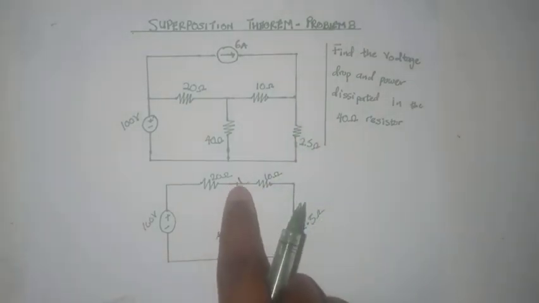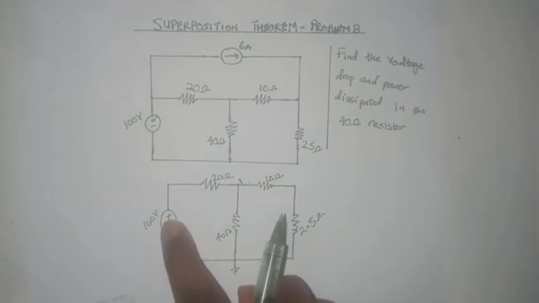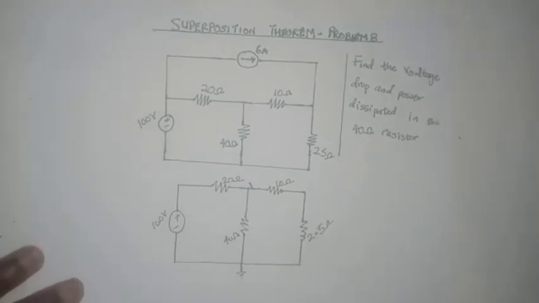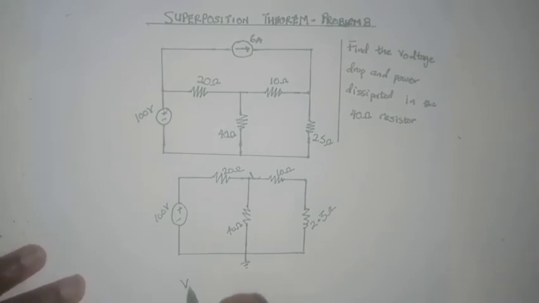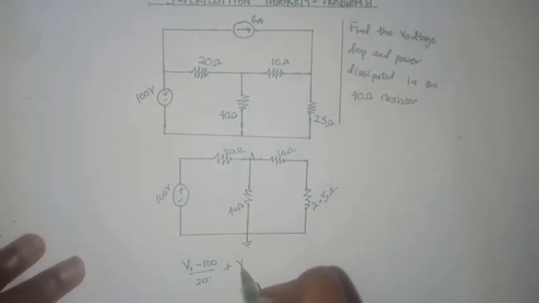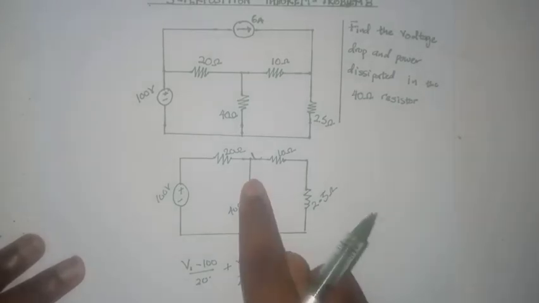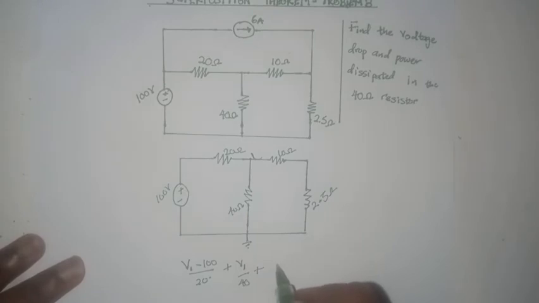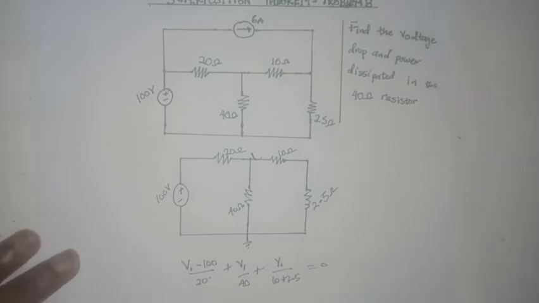So we have (V1 minus 100) divided by 20, plus V1 divided by 40, plus V1 divided by 10, plus 2.5, all equals 0. That is a KCL equation.